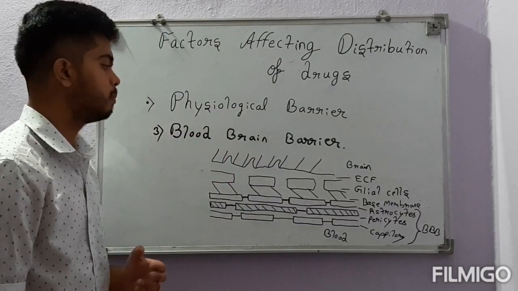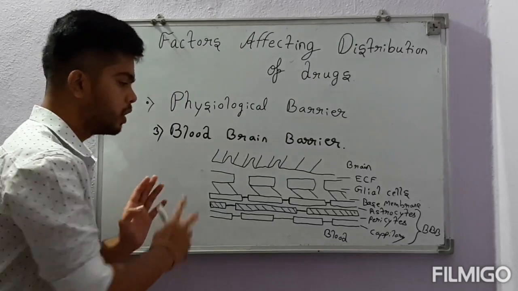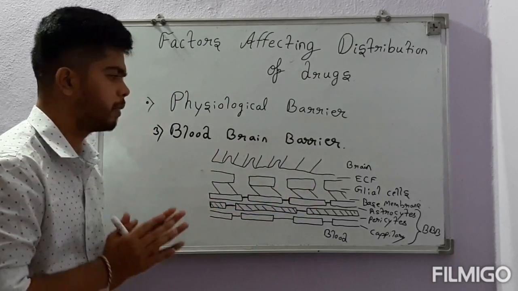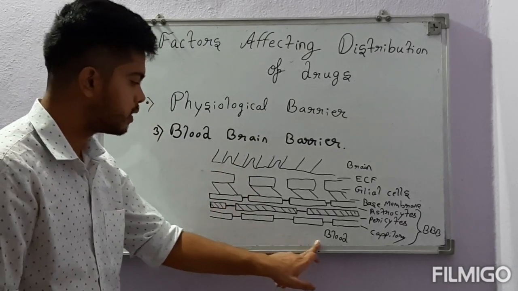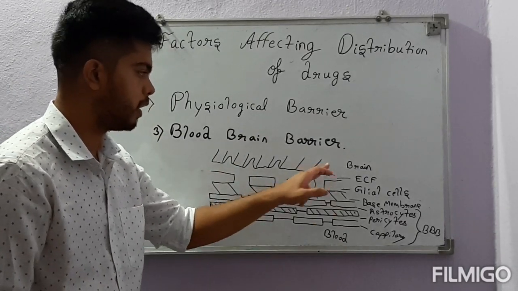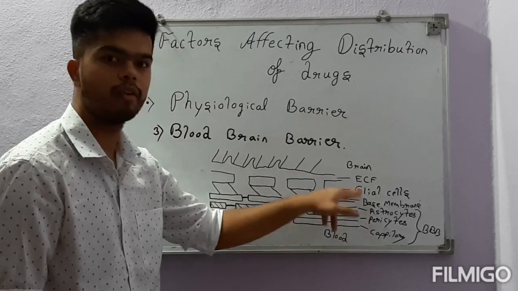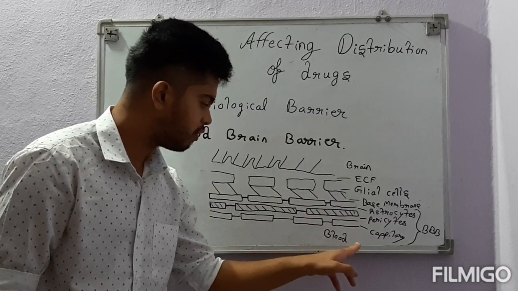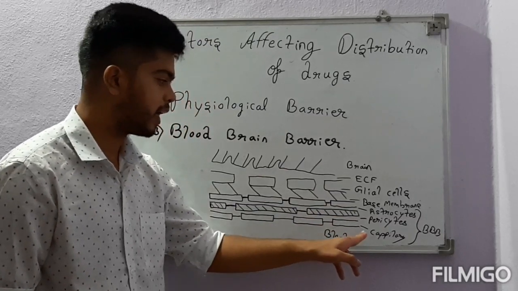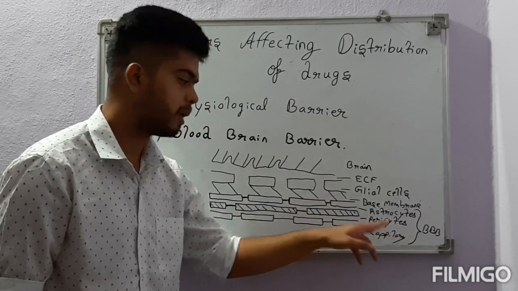Under the physiological barriers we were seeing the blood-brain barrier. This is a rough diagram of the blood-brain barrier. Here you can see I have written blood, and this is the brain. In between, we have several membranes acting as a barrier. Firstly, from the blood side, we get the capillary membrane as a barrier.